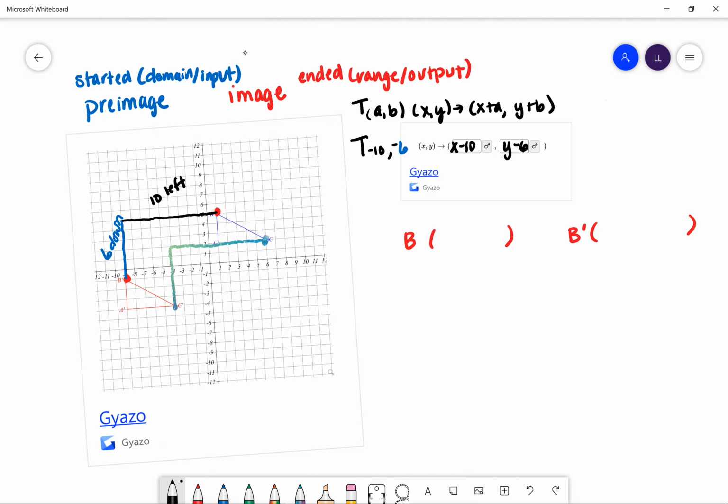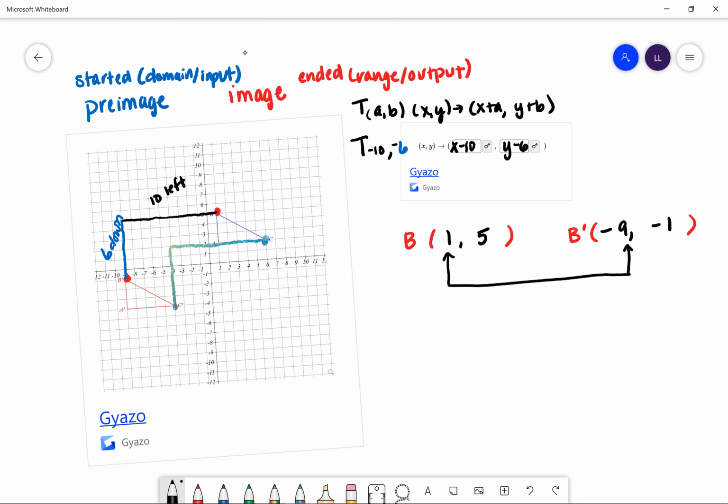Now let's look at the points. I want you to see how the points kind of gave the answer away here. My original point was (1, 5). And my new point was (-9, -1). If we look at the x coordinates, the distance between 1 and -9 is 10.